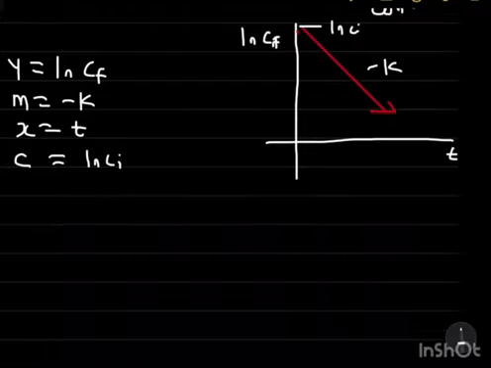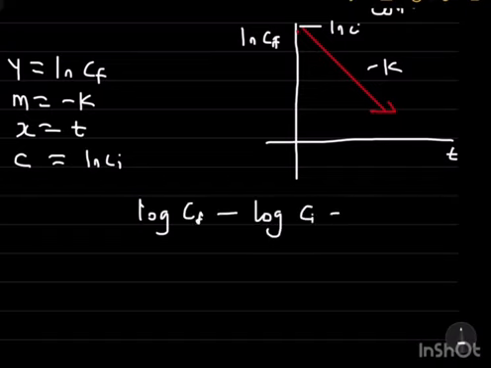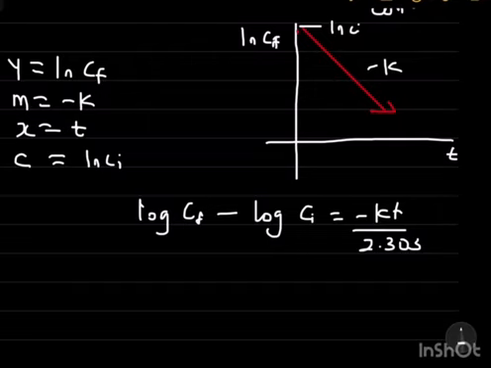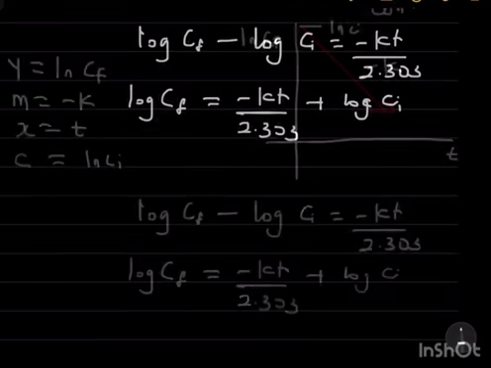Let me call attention to something. If you are using log instead of ln, you have something like this: log C final minus log C initial equals minus kt over 2.303. Therefore, this has the equation of a straight line, so we have log C final equals minus kt over 2.303 plus log C initial.